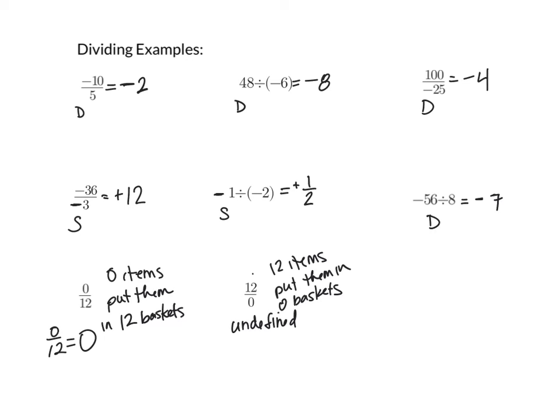And if you plug this into a calculator, it's going to give you an error, because we can't divide by 0. And I saw this once and it stuck with me, and I think it's really helpful. If 0 is on top, it's okay. The answer is 0. But if 0 is on the bottom, that's a big no-no. So that's something to help you remember that.